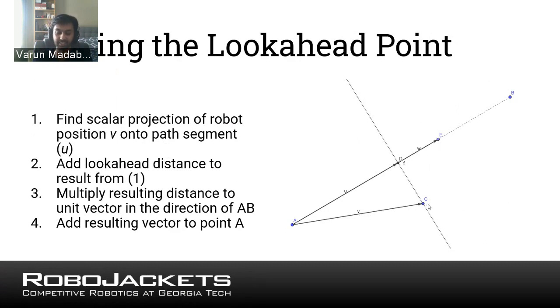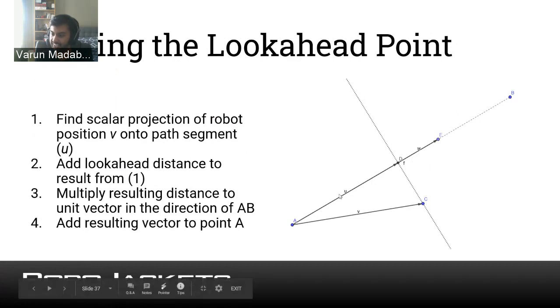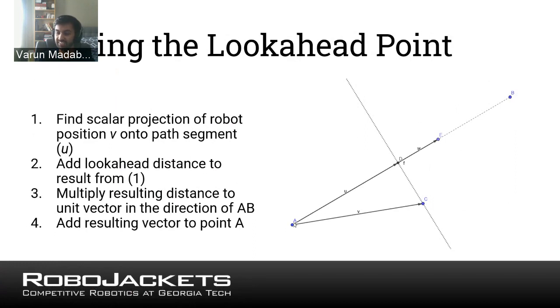And a larger look-ahead distance means that the robot will turn more gradually to make its way back onto the path, whereas a smaller look-ahead distance is going to cause the robot to turn sharply and try very hard to stay on the path. So once you've found the look-ahead distance, now you have a length from A all the way to E. And you can multiply this by the unit vector that's pointing in the direction from A to B. And the result is a vector that goes from A and specifies the coordinates of E.